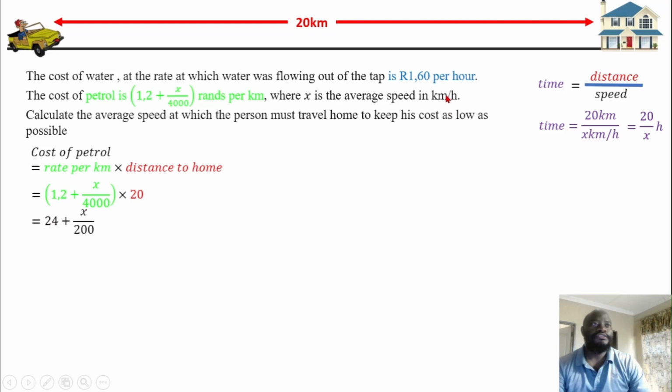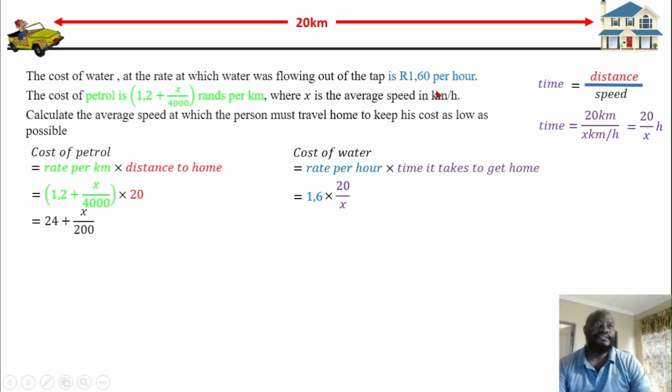Let's see what the cost of water that is being lost is. So that cost of water is going to be our rate per hour multiplied by the time. So the time is in hours, so when you multiply the per hour and the hours, they will cancel, and we'll be left with the rand value that is going to cost this person. So let's put those in.